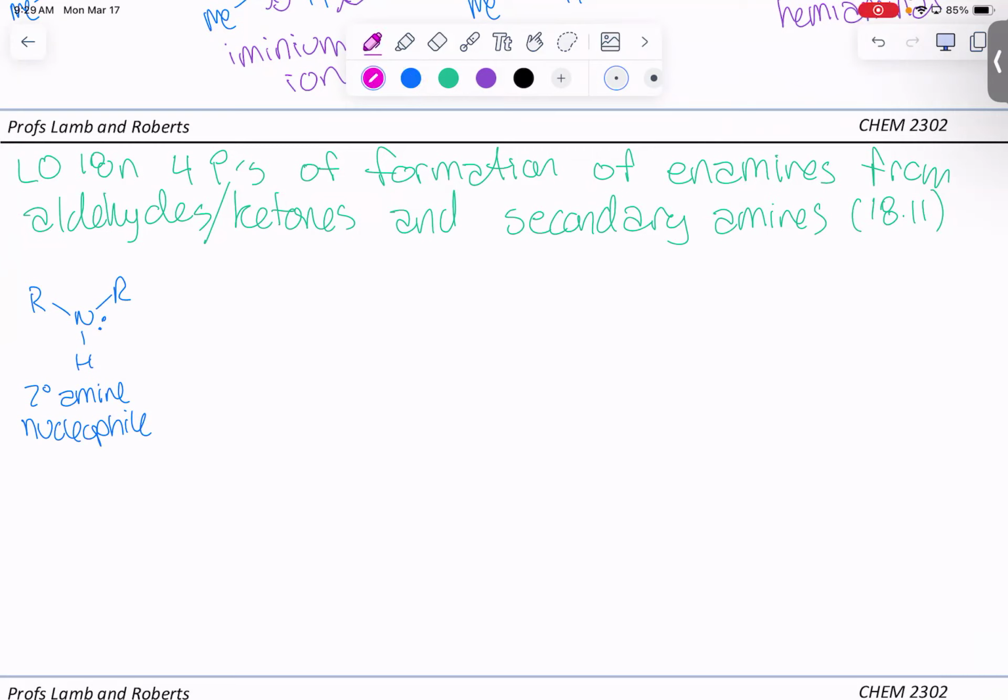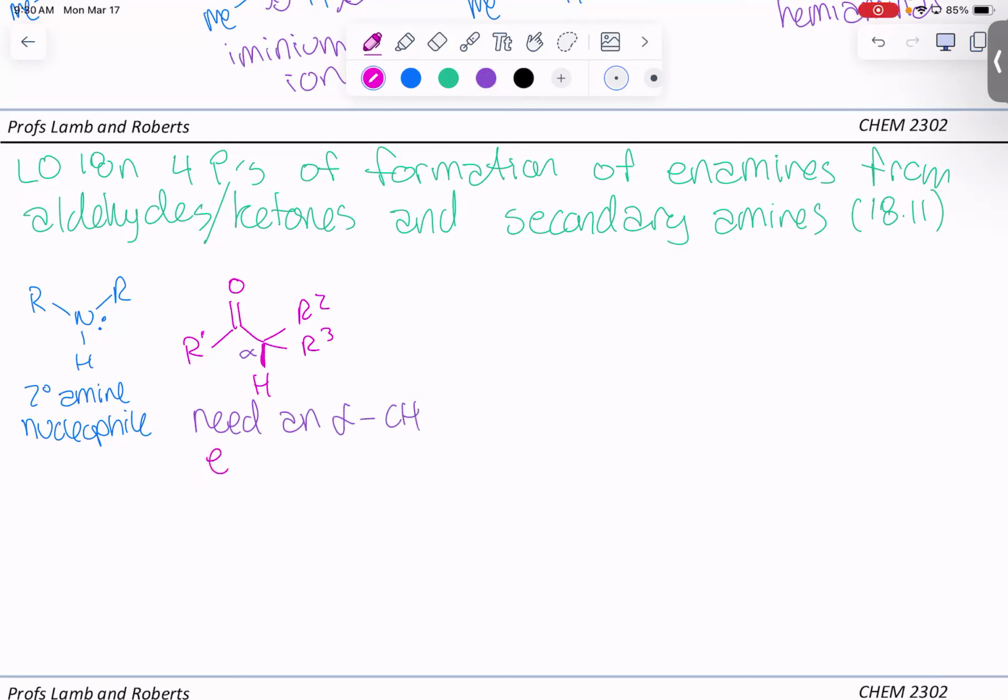All right. So now we need to have an aldehyde or a ketone that specifically has an alpha CH bond. So we have to have this alpha CH bond. Right, we learned about the naming of this, and we said this is the alpha position. All right, so we need an alpha CH.